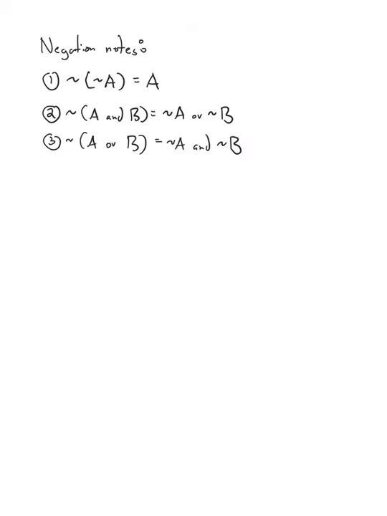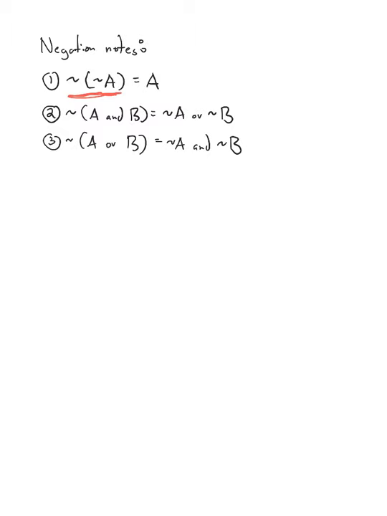So a final few notes about negation. So first of all, and this one's kind of obvious, if you have a double negation, of course that's just like doing nothing. So if you say something like, if a number is not not negative, then it is negative. So if you have a double negation, the negations cancel.